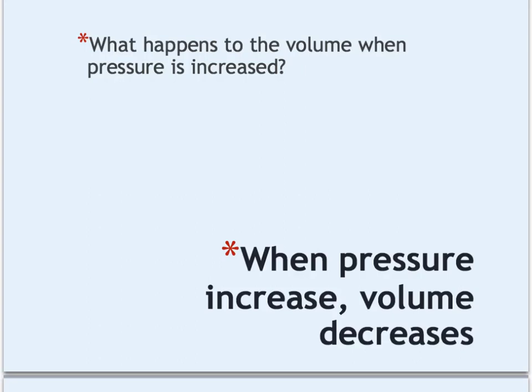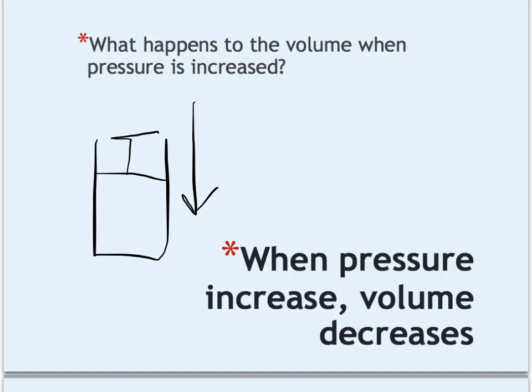When pressure increases, volume decreases. Think of a container with a handle: you push down on that handle, it moves down to a point where you have all those molecules packed up, and the volume, the amount of space that it now takes up, is quite a bit less.